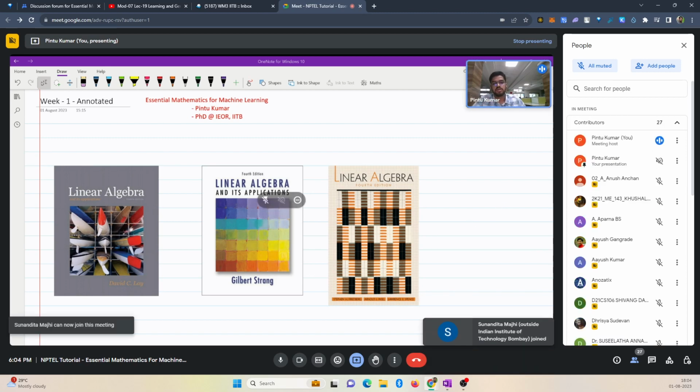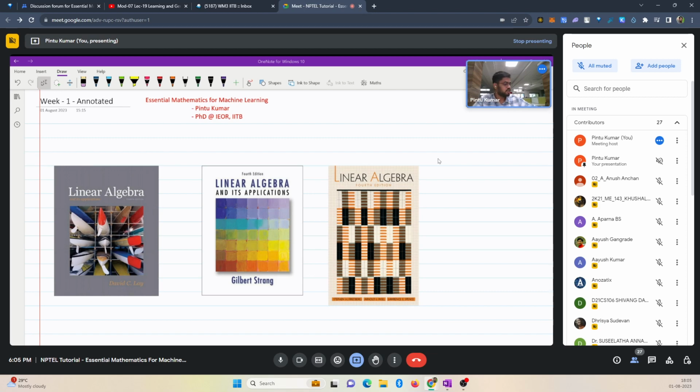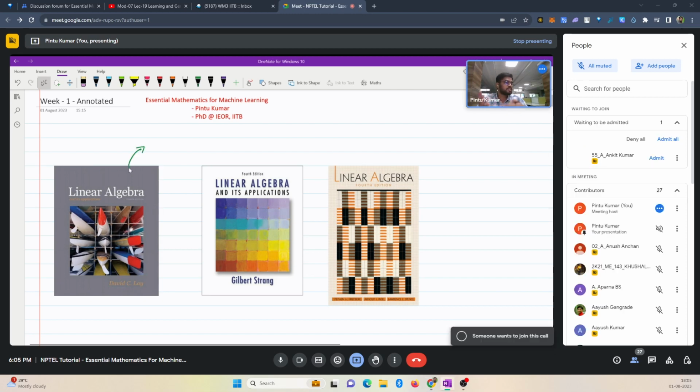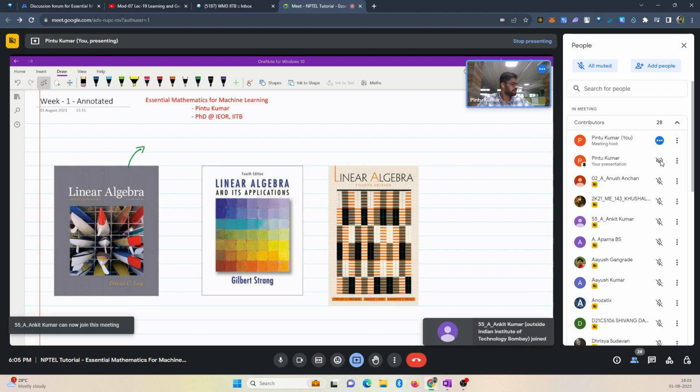The last book contains more mathematical understanding of linear algebra, and the initial book by David Seeley has more examples rather than this mathematical base. For the current course, you can go for this book by David Seeley. It has many solved examples and many unsolved problems also. So you can refer to this book.